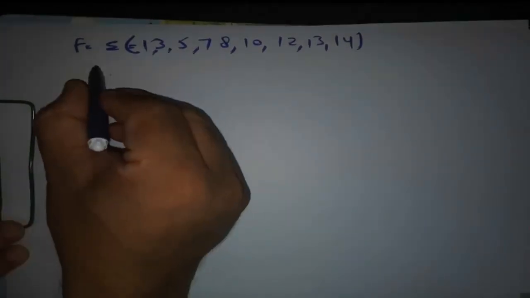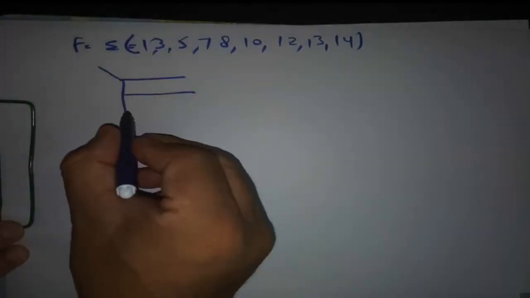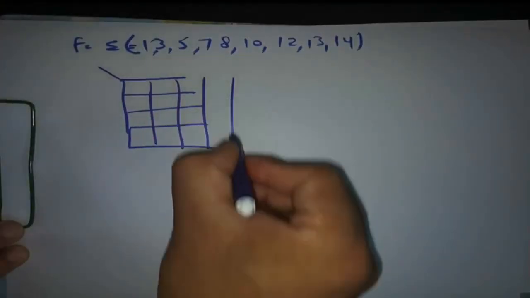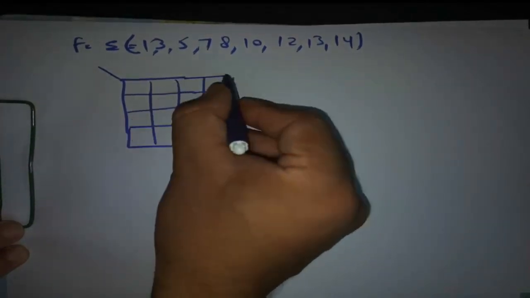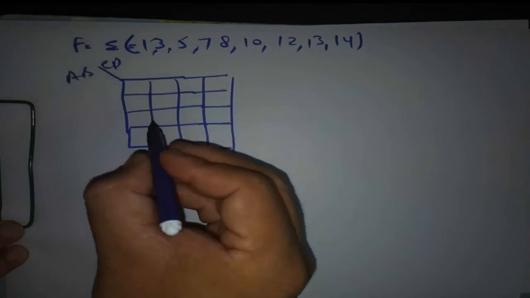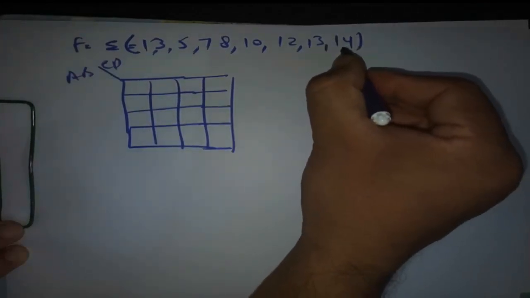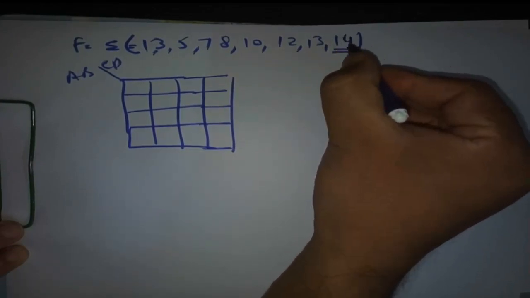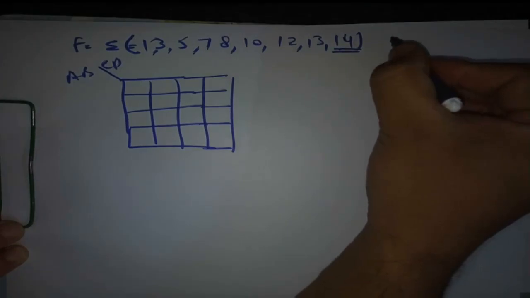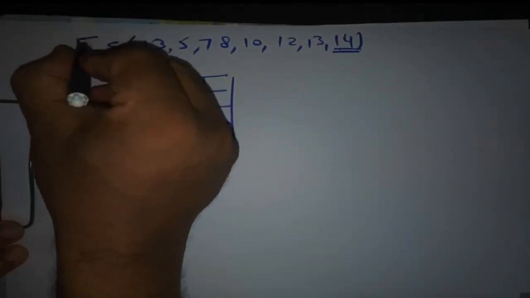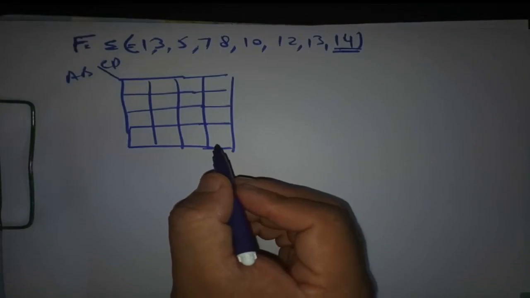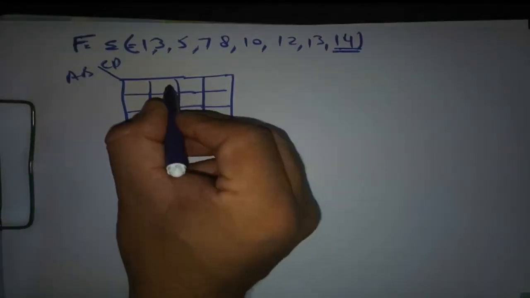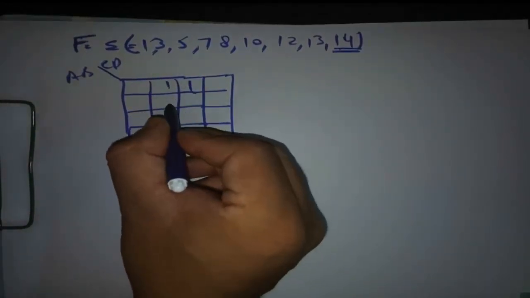Now we fill these min term values in a 4 by 4 K-map. Obviously in that particular example we can see that the highest min term is 14. That means we have to create this 14 with the help of a 4-bit number. That's why this function has 4 variables, and we create here a 4-bit K-map, a 4 variable K-map, and the filling of that particular example will be this one.